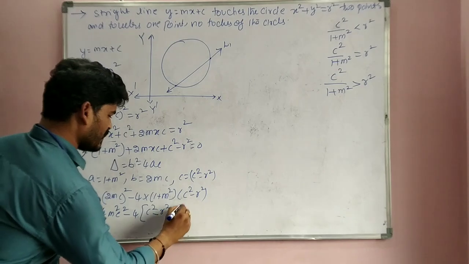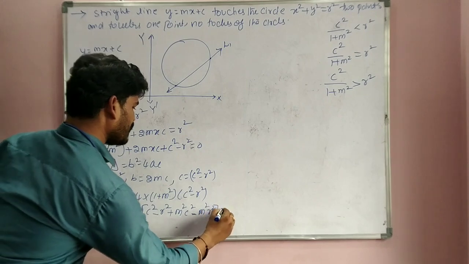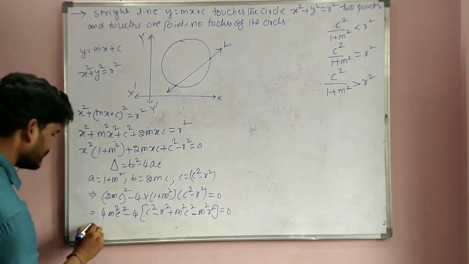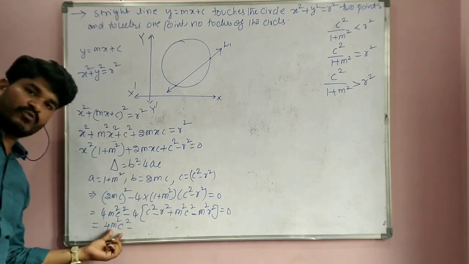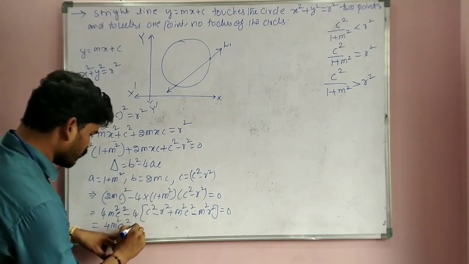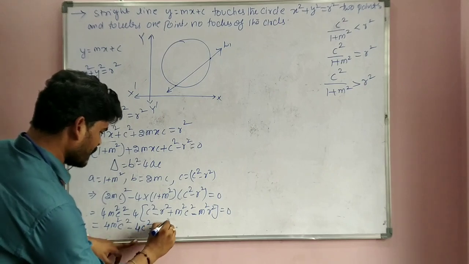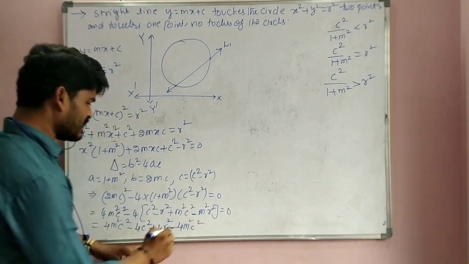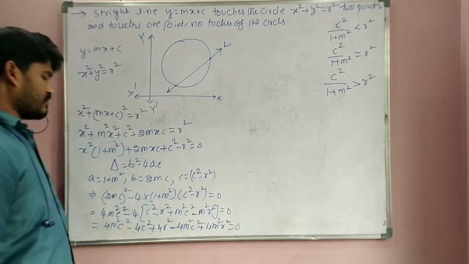Next, (1 plus m square)(c square minus r square), that is c square minus m square r square... equal to 0. So the next equation is 4m square c square minus 4 into: 4c square minus 4r square plus 4m square c square minus 4m square r square equal to 0.